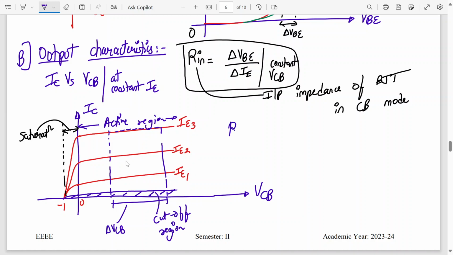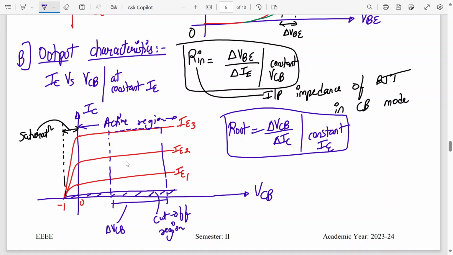So Rout is delta VCB upon delta IC at a constant IE, which will give me the output resistance or output impedance of BJT.